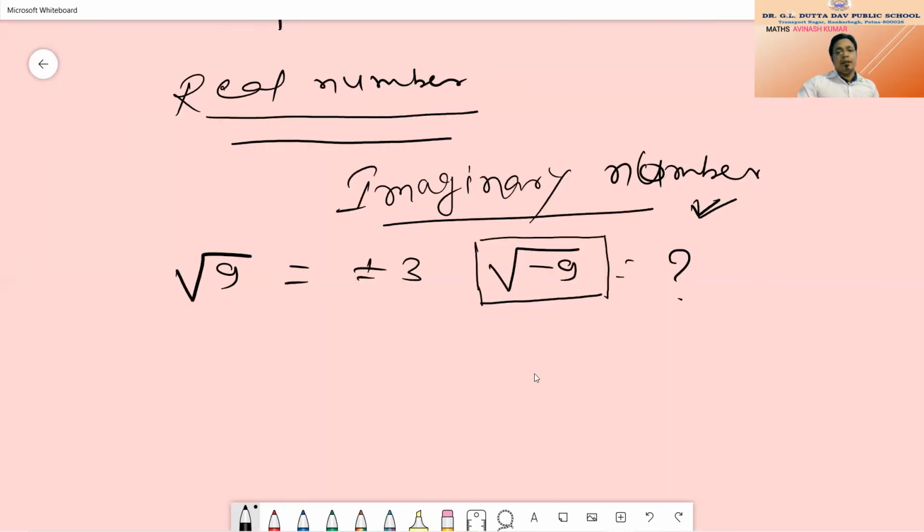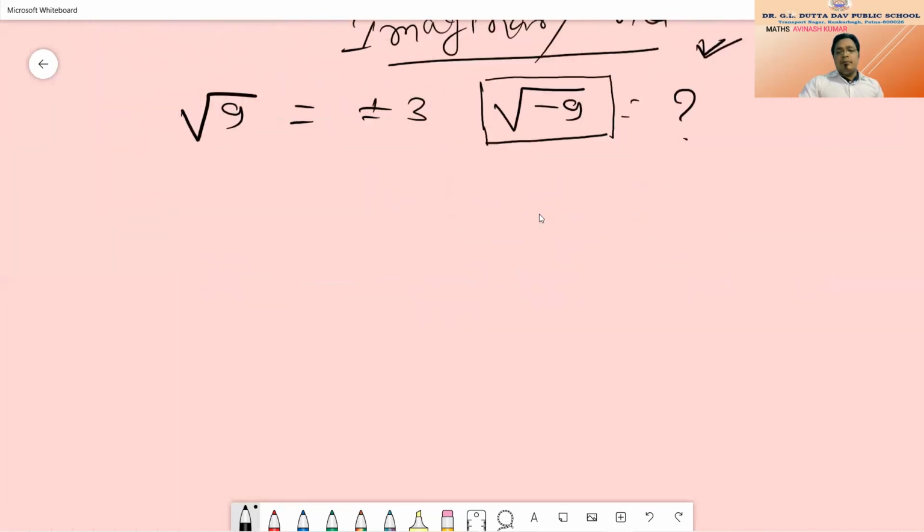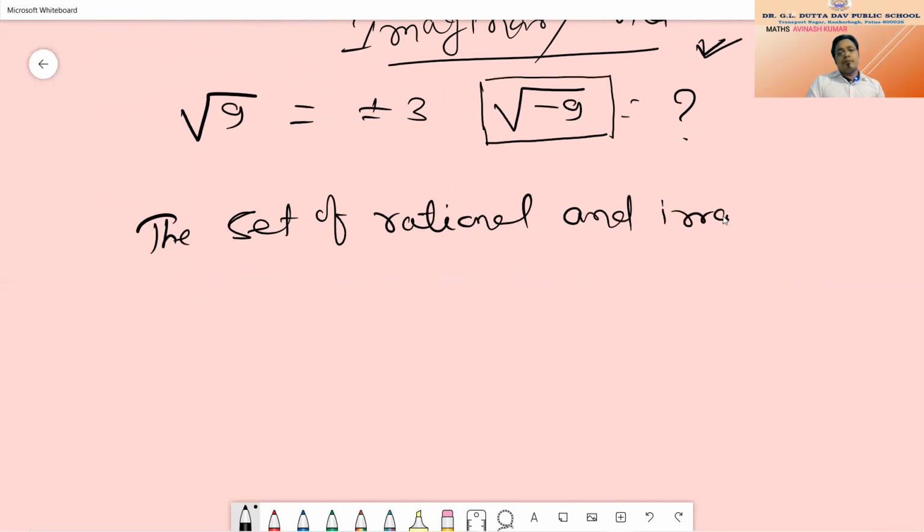Fine. Now, real numbers. Everyone understood? The set of rational and irrational numbers is called real numbers.